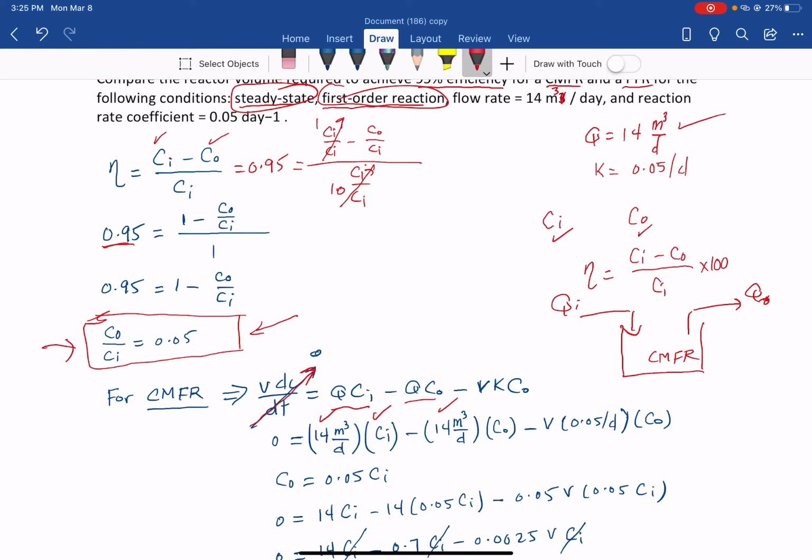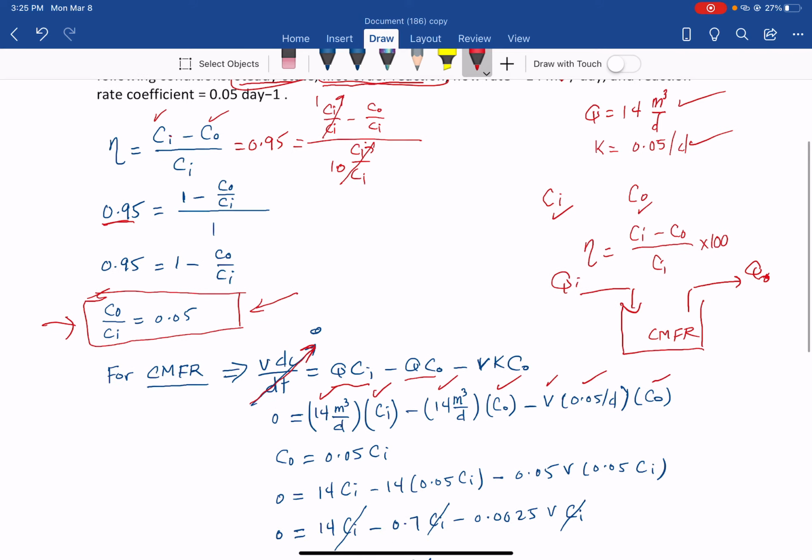So 14 times C out minus volume, unknown, times K, 0.05, times C out. Now rearrange the equation, you will get C out, volume and Ci. We bring this equation back from here: C out is equal to 0.05 Ci.